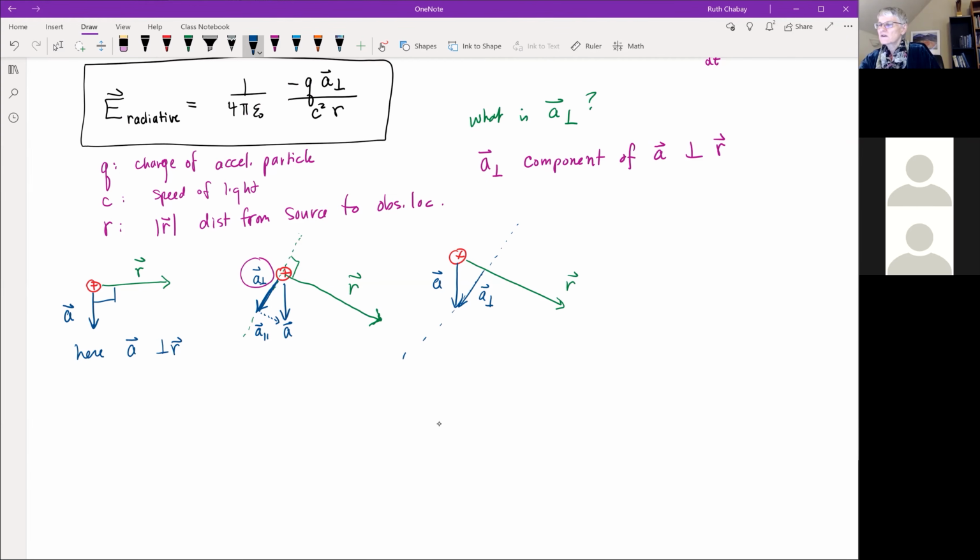So in this case, quantitatively, how would we calculate the magnitude of A perpendicular? We know its direction, but how do we get its magnitude? Well, if this angle here is theta, then the magnitude of A perpendicular is just going to be the magnitude of A times sine of the angle theta.